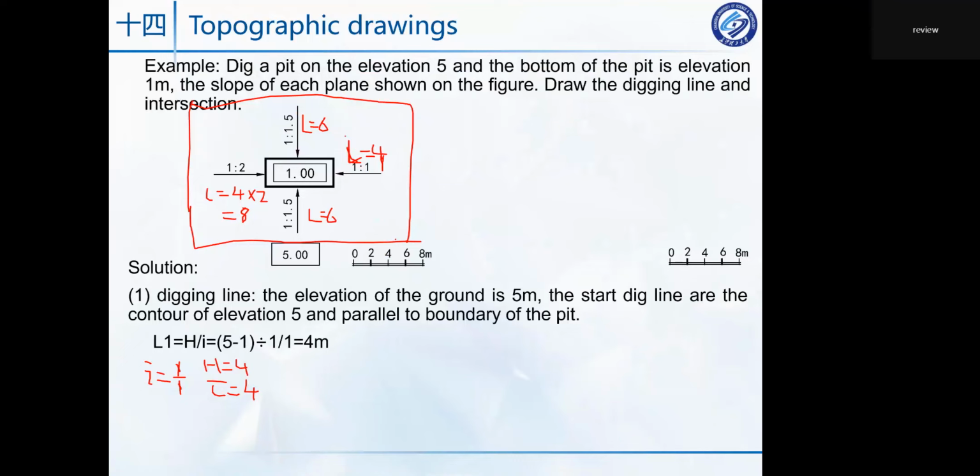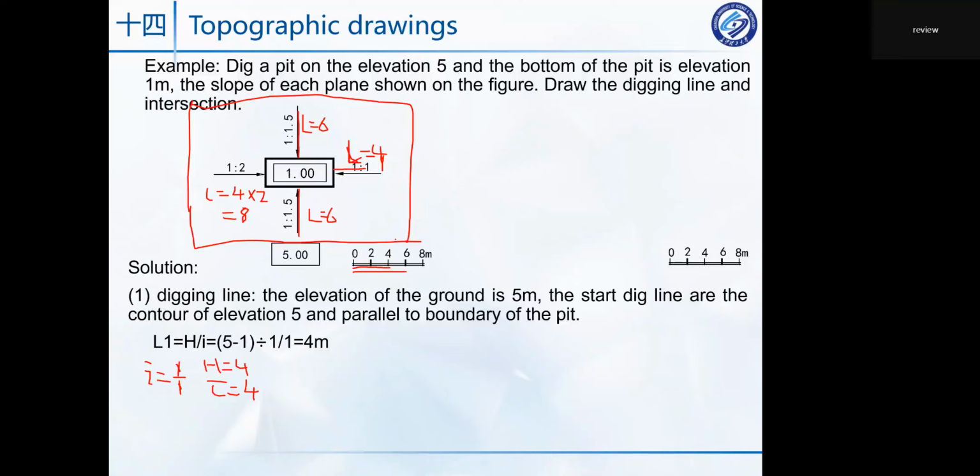For example, here L equals 4. You have to use this distance as the horizontal distance at the right side, and this one is 6. You have to draw the same distance in the upper and the bottom.